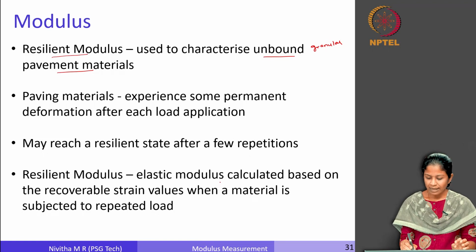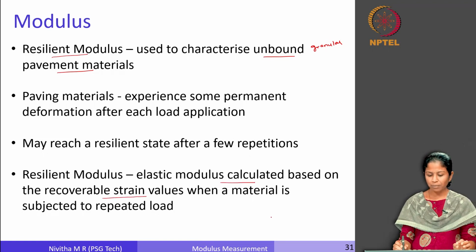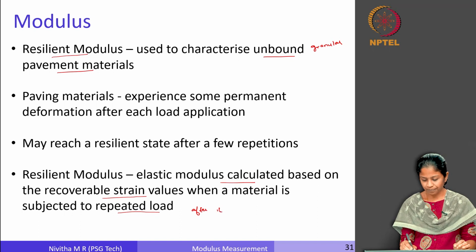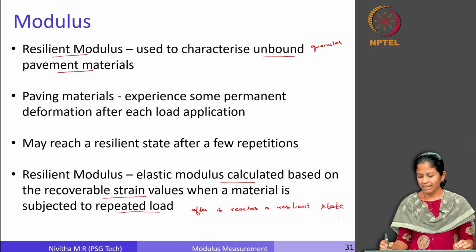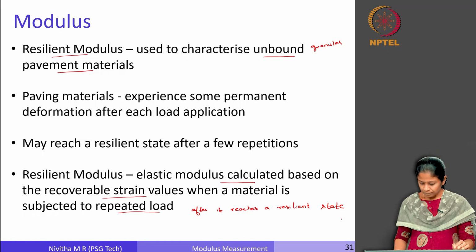It is calculated based on the recoverable strain values when the material is subjected to repeated load after it reaches a resilient state. So, what this resilient state is, how is it calculated? I will show you with pictures a few slides down.